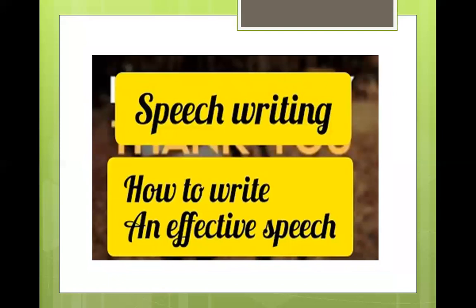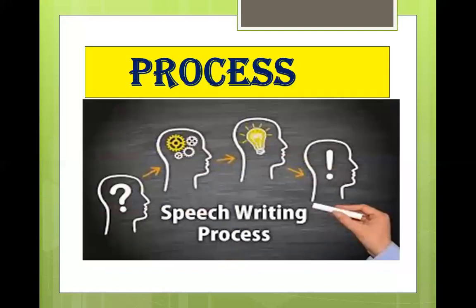For writing an effective speech, we need to follow a process. While writing the speech, the first thing that we begin with is the introduction. While we are writing the introduction, we need to cover following points. What are they?